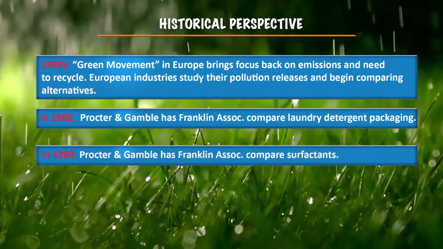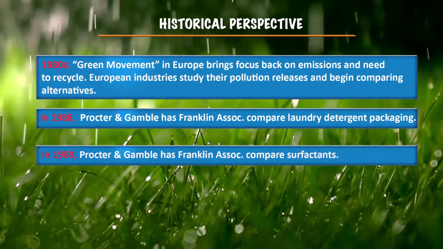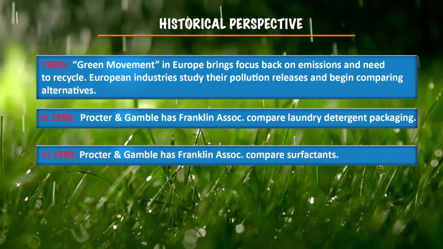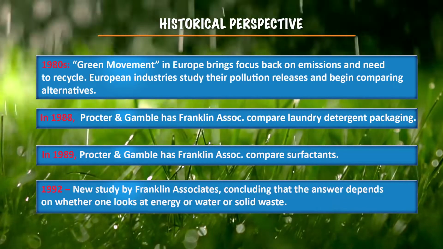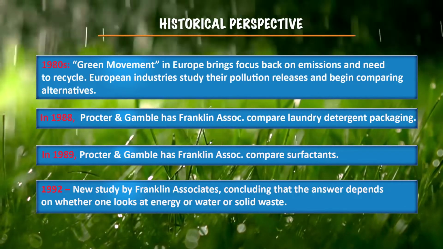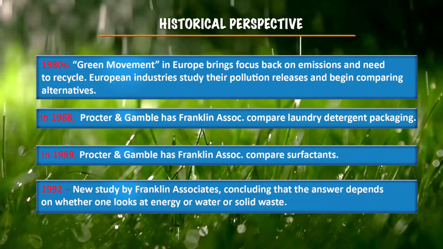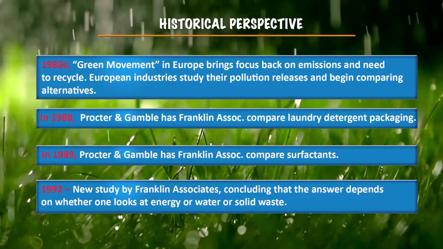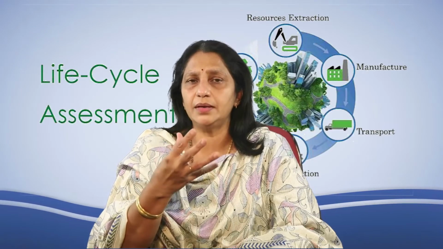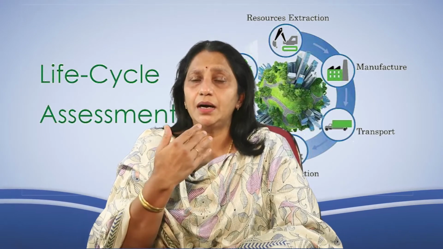In 1989, they also did an assessment for surfactants. In 1992, a new study found that the answer depends upon whether one looks at energy, water or solid waste. These are some of the early usages of life cycle assessment.